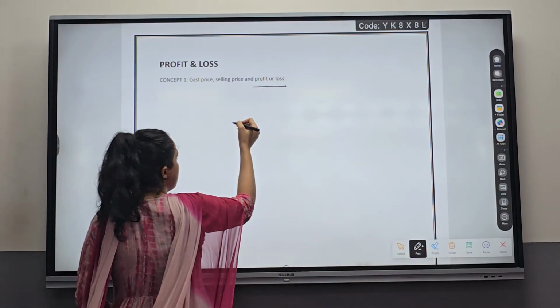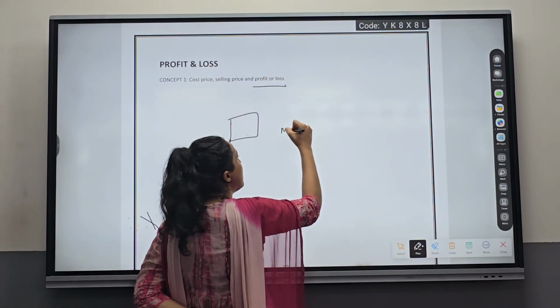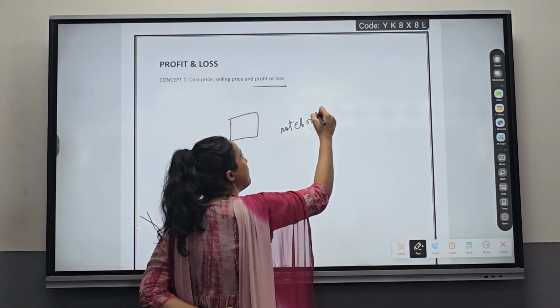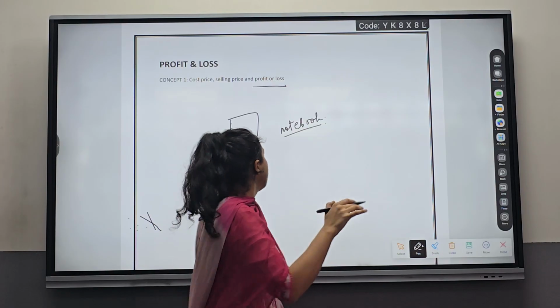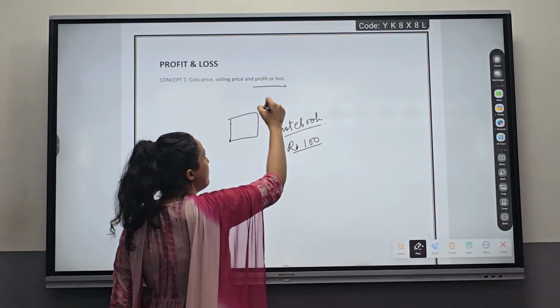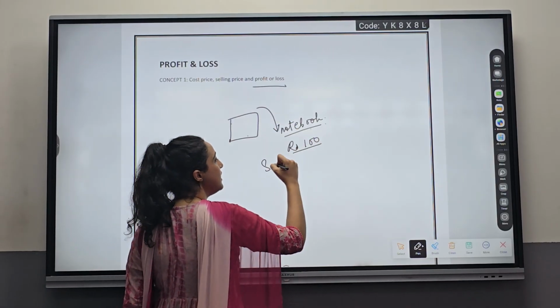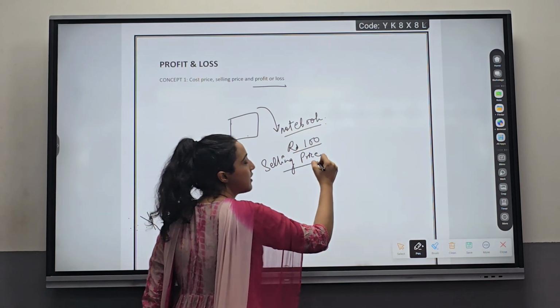Let's say you are a shopkeeper, and a customer comes to you asking for a notebook, right? So let's say you sell that notebook for ₹100. You're a shopkeeper, so you will say selling price of this notebook is ₹100.